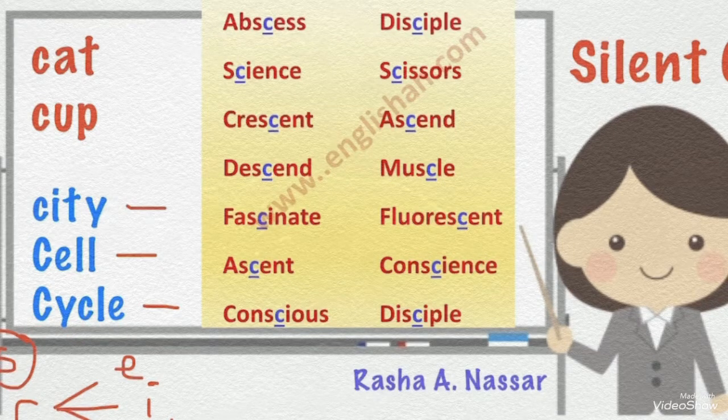But pay attention, letter C can be a silent letter. I can cut letter C from the word when it comes after letter S. If letter C comes after letter S, I will not read letter C. So here, let's read all these words with silent C. Number 1, abscess.